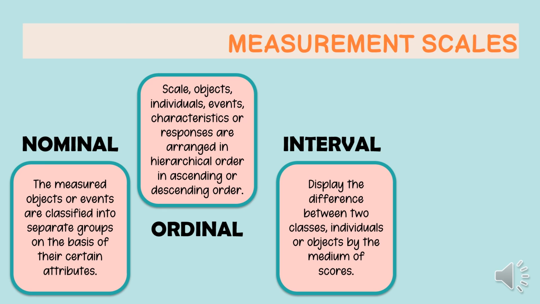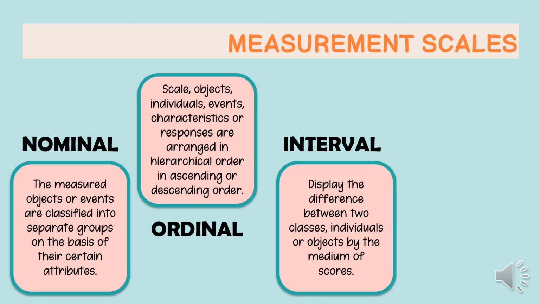The distance between two differences is equal. In intervals, numbers have order like ordinal, but there are also equal intervals between adjacent categories. Like for example, one of the examples is the temperature.